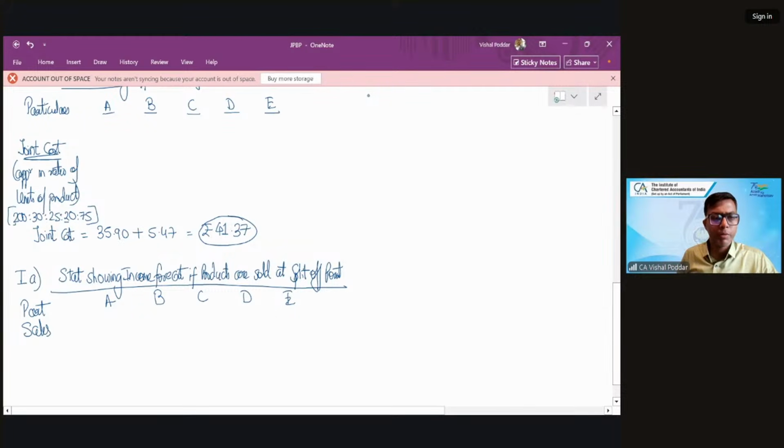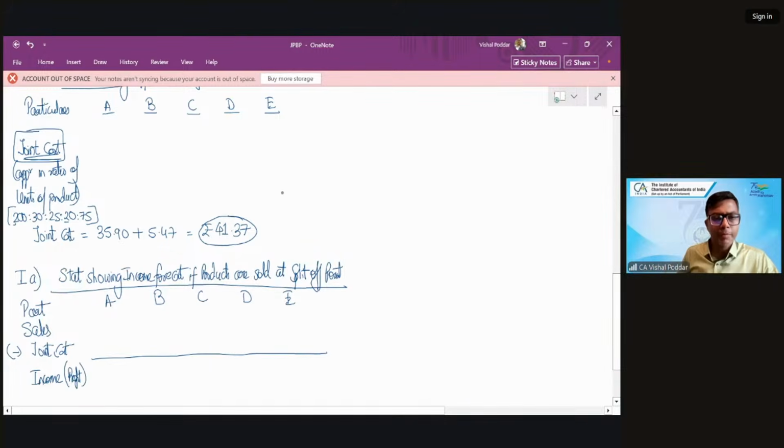It will be sales minus cost. And what is this cost? This cost is the joint cost. So whatever joint cost I have apportioned above in the ratio, I will deduct that from the sales value of each product so that I get the income. Or you can also use the word profit.